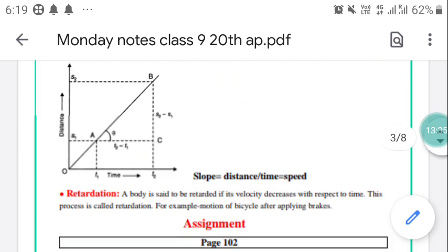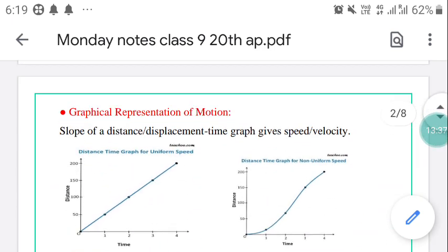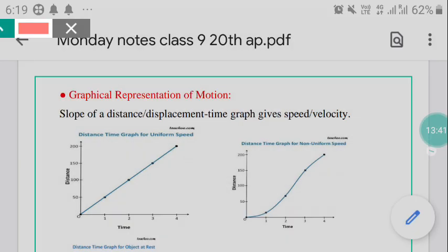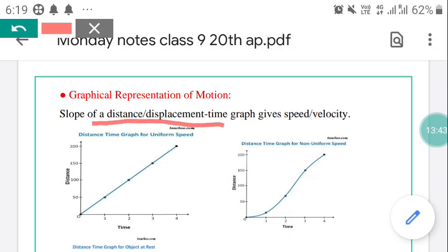Like you can see in your notes, I have written on the top, slope of a distance or displacement time graph gives speed or velocity. As you know, distance upon time is speed.